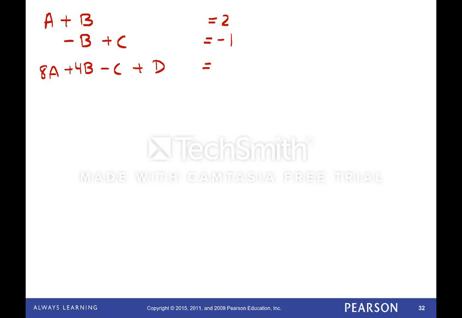All right, here's what I got as far as systems of equations go. So a plus b equals 2. Leave a lot of space here for the other variables, c, d, and e. The next one would be negative b plus c is equal to negative 1. That's the coefficient to x cubed. Now for x squared, it'll be 8a plus 4b minus c plus d gets you that 13.